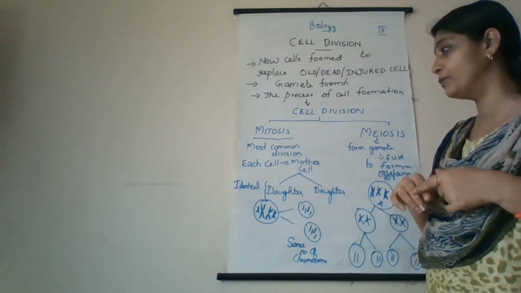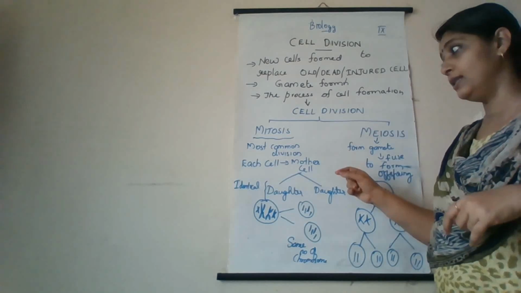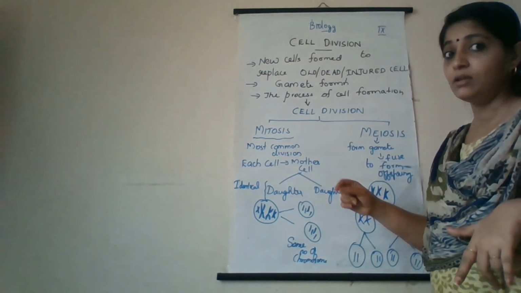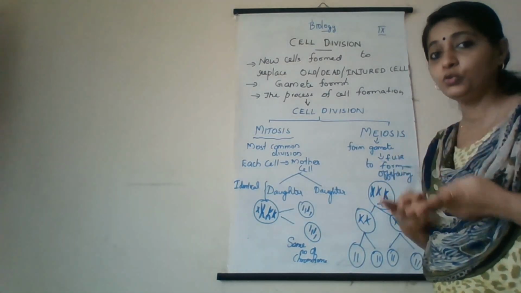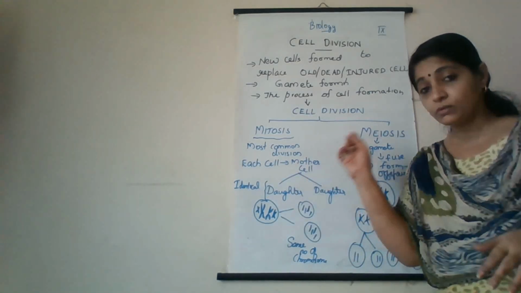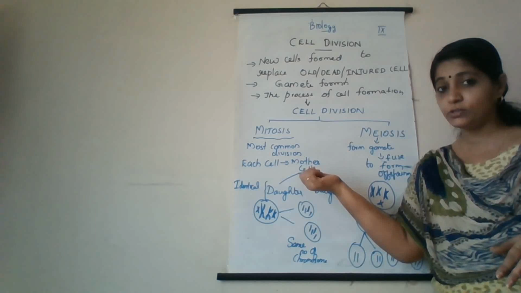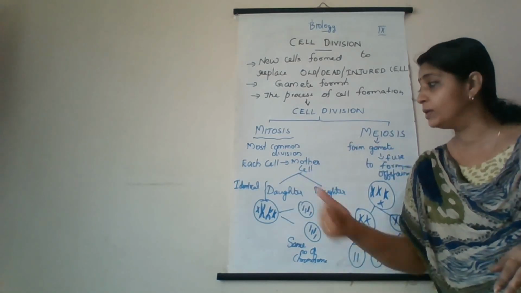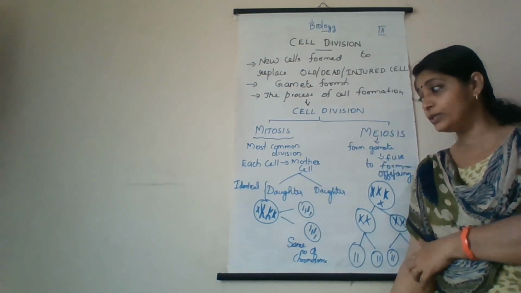It occurs in every part of the body, and each cell, called the mother cell, will divide to form two daughter cells which are identical. So in the case of mitosis, the mother cell will divide to form two identical daughter cells.